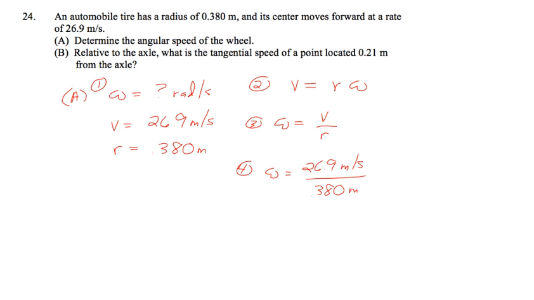Because if you look at this, you might say, well, I'm going to get nothing per second because the meters are going to cancel out. But that's where it's coming from: for this size circle, 0.380 meters is equivalent to 1 radian.